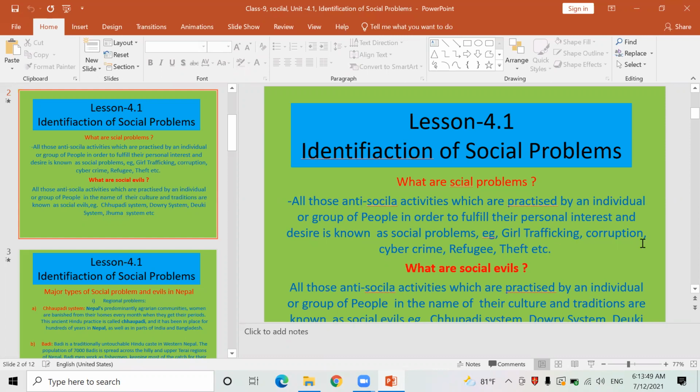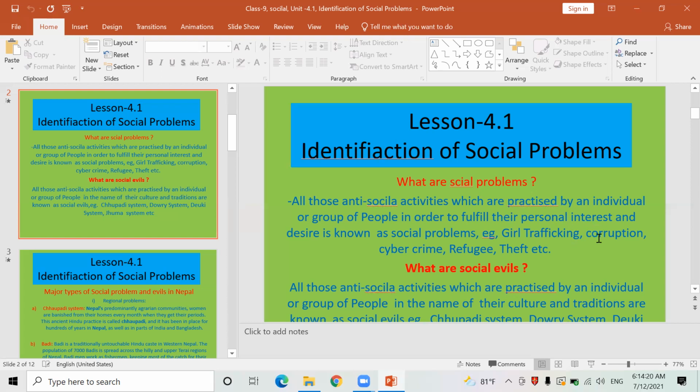Similarly, corruption, look here, another example of social problem, corruption, bhastachar. If any leaders, any person holding a high post of government or a private organization, if he misuses the fund and budget of that particular institution and government offices in order to be rich overnight or to fulfill his desire and interest, it is known as social problem.